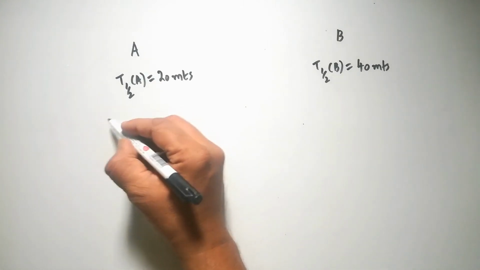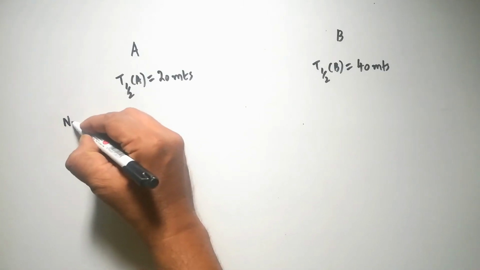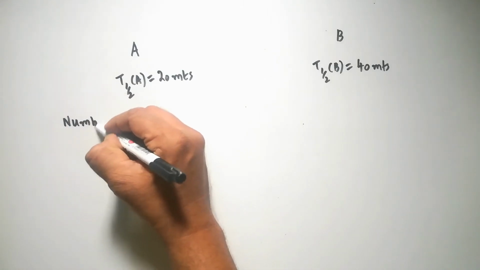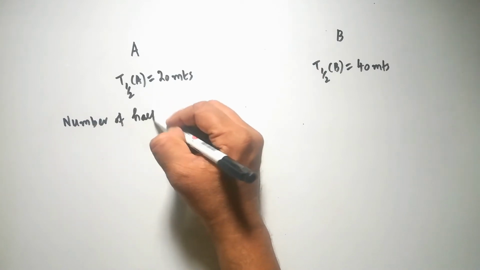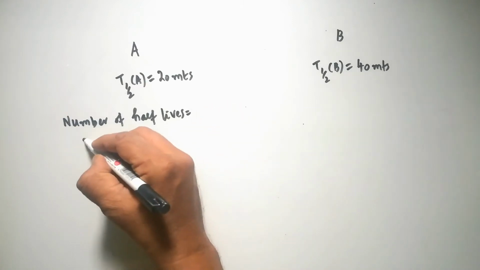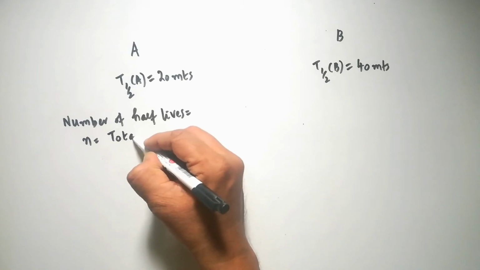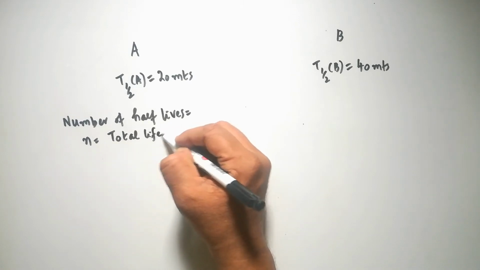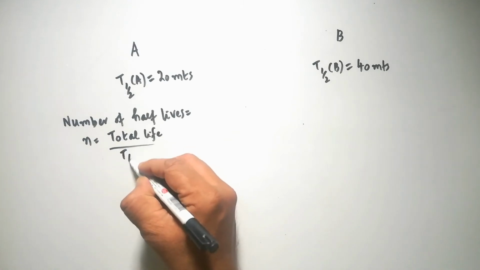Here, first we have to calculate the number of half-lives. How to calculate the number of half-lives? That is nothing but n. Simple formula: total life divided by half-life period.